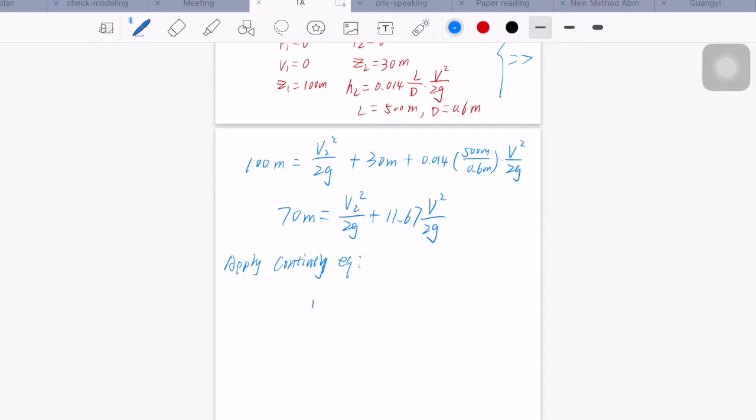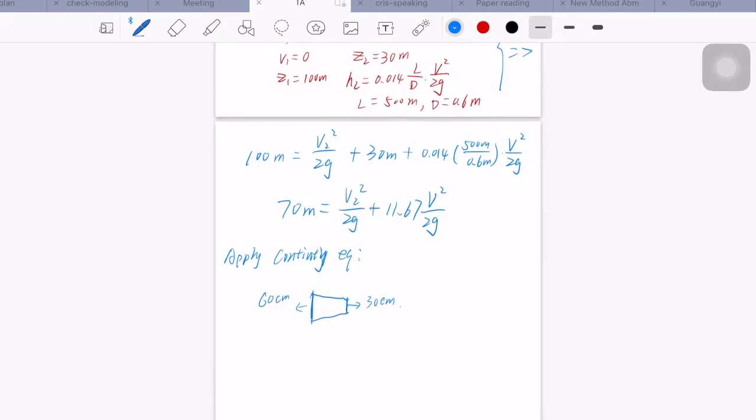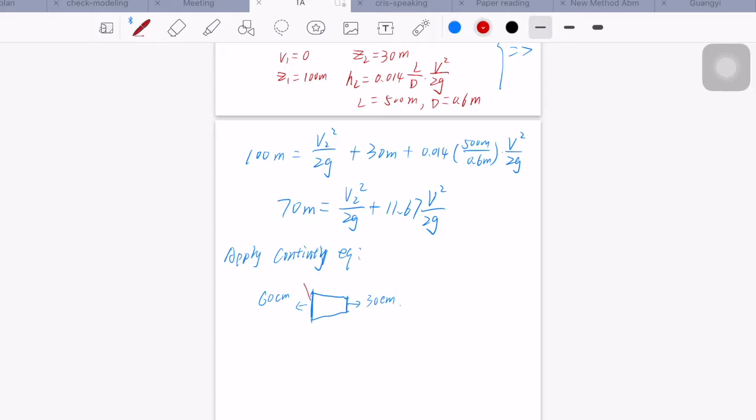I will sketch a draft of the nozzle. On the left side, the diameter is 16 centimeter, and the right side outlet diameter is 30 centimeter. We'll call this AN and this A2.